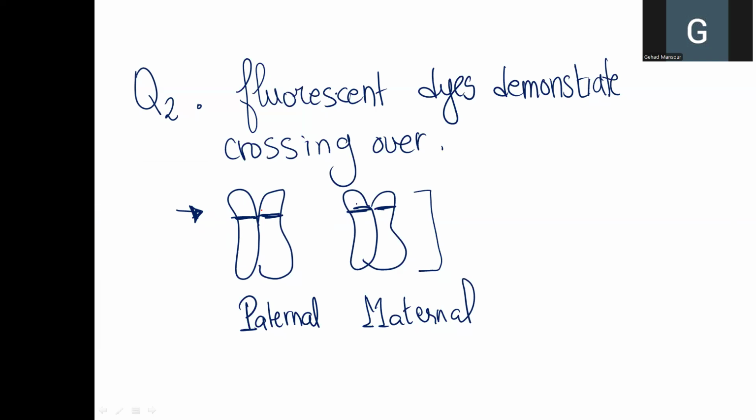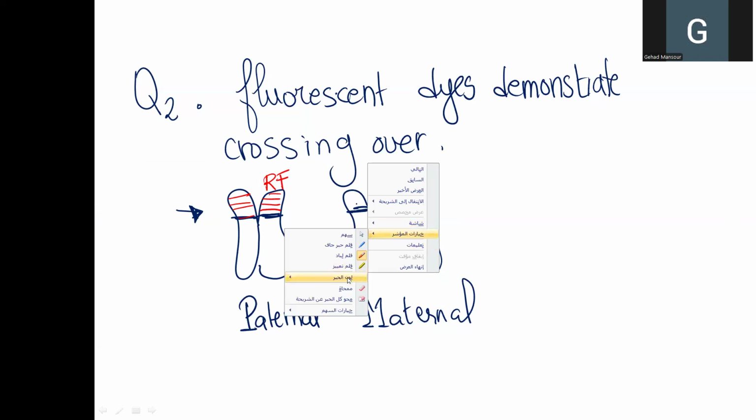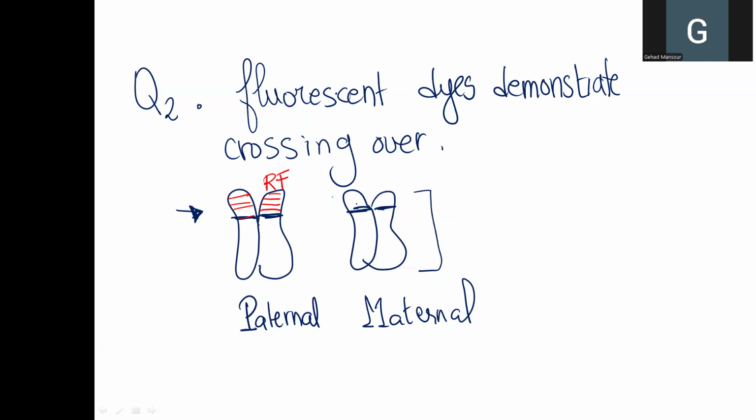So for example, here we have the red fluorescent dye, and on the other chromosome, for example, we have the green fluorescent dye.